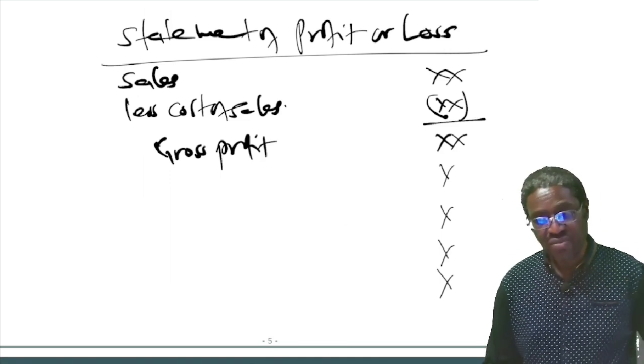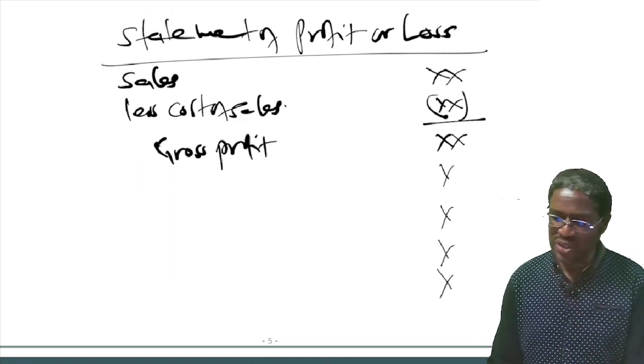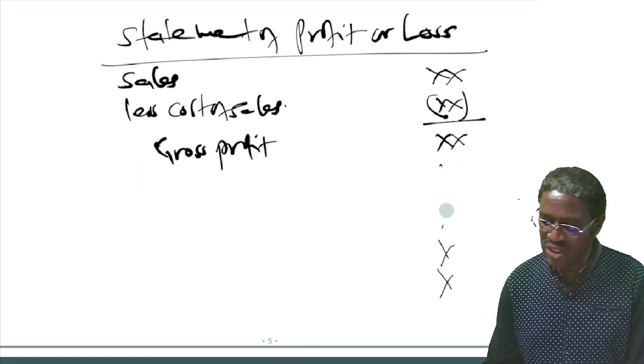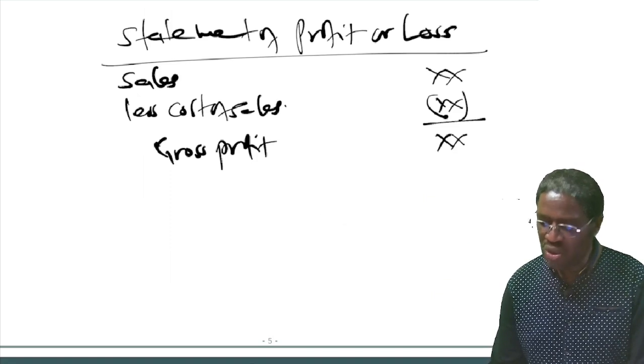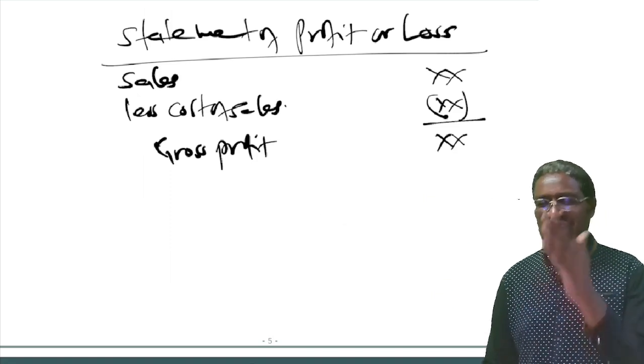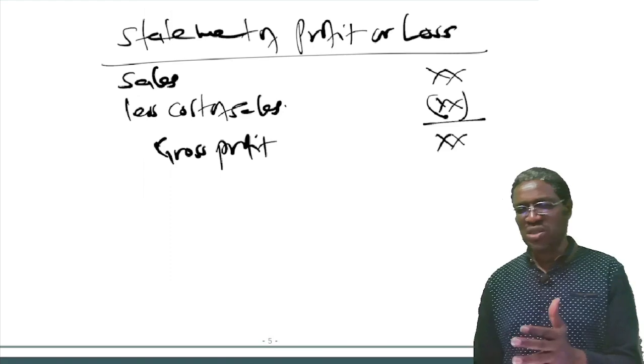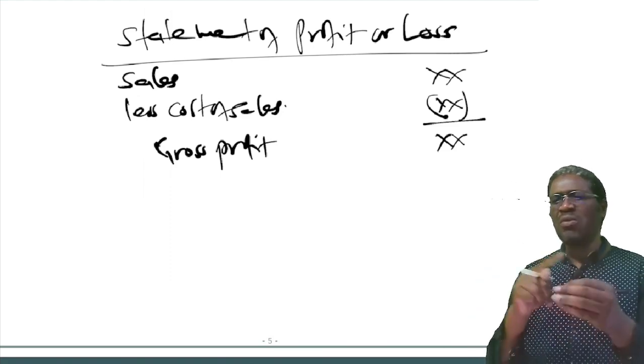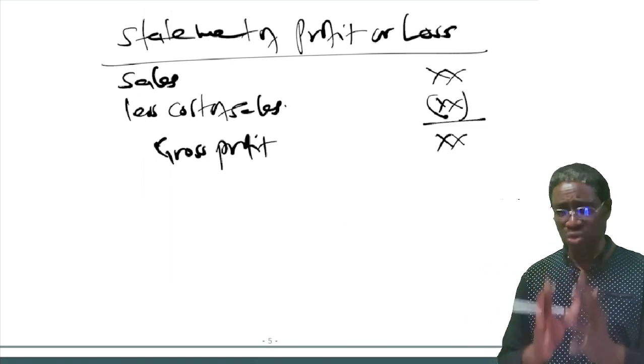Now listen, for publication purposes, we are not required to show the expenses individually. In other words, don't come and say electricity, water, depreciation, telephone, postage, stationery, and so on.